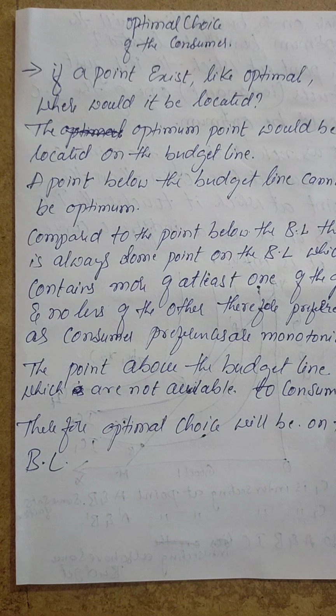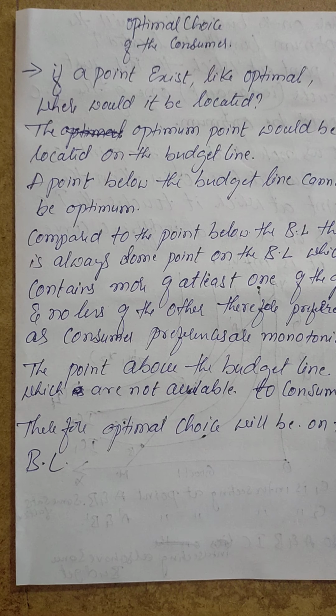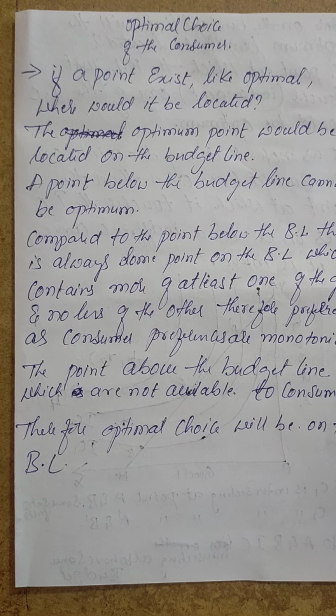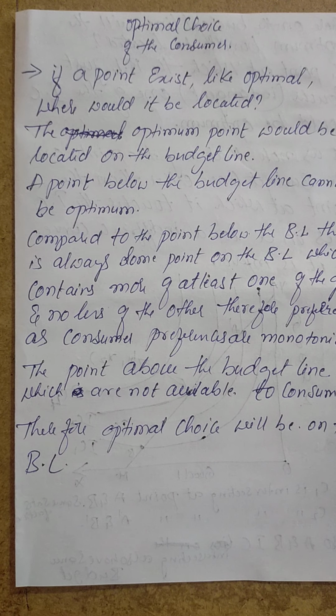We know why consumers are rational in nature: because their tastes and preferences are different. What 100 people consume will not be the same as what 200 people consume. That means the satisfaction level changes based on tastes and preferences, and sometimes even income. When the income increases, he is ready to purchase more units of goods, isn't it?